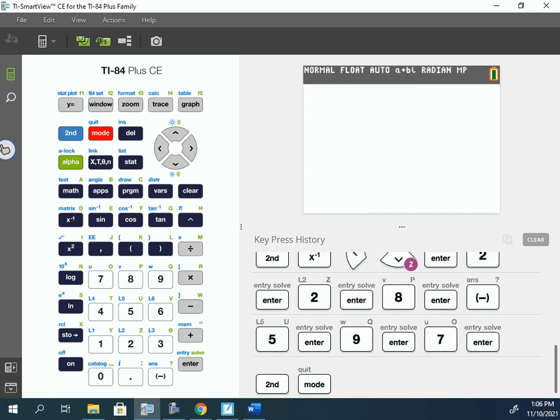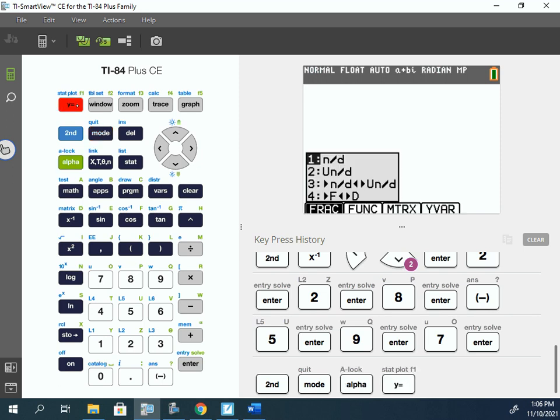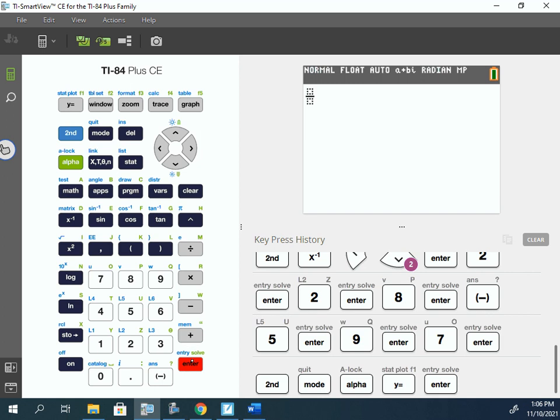Second quick. Now there's 2 ways we can put these in. Because really we're finding the determinants of each one and then dividing, yes? Well, we could take each determinant individually and then do division ourselves. Or we can put it all in at once. So to do the fraction, we can go alpha y equals enter to get the fraction.